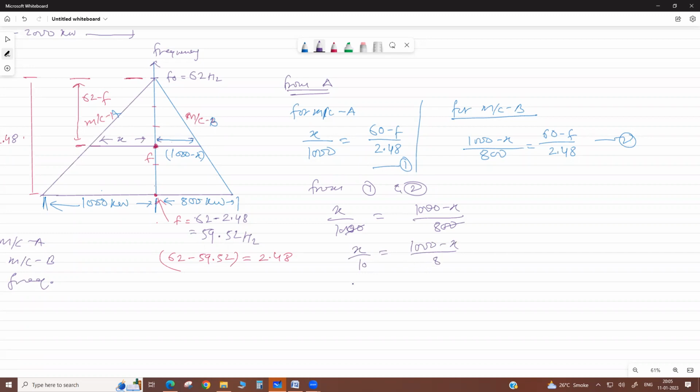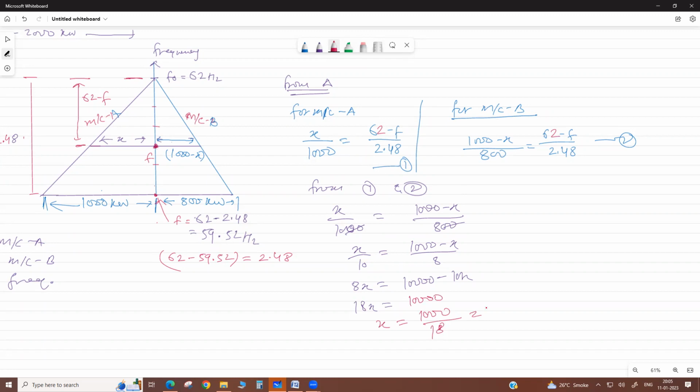Now you do cross multiplication, then 8X equals to 10,000 minus 10X. Then it is 18X equals to 10,000. Then X equals to 10,000 divided by 18.